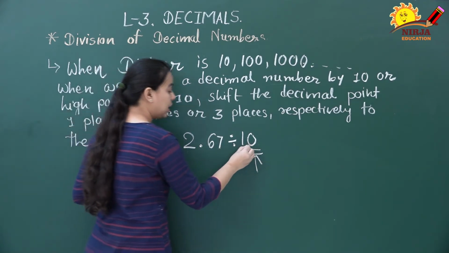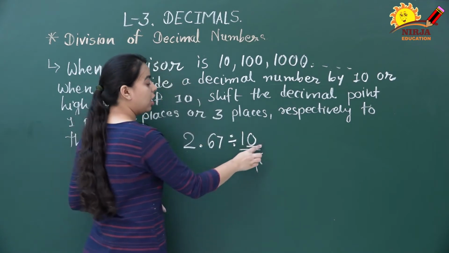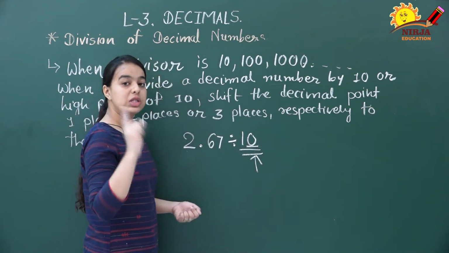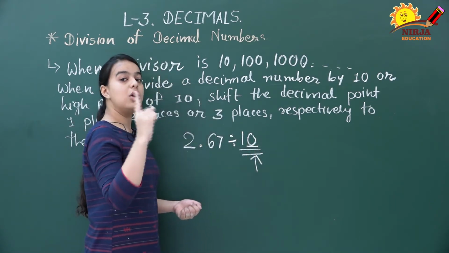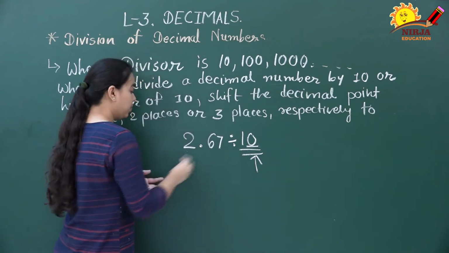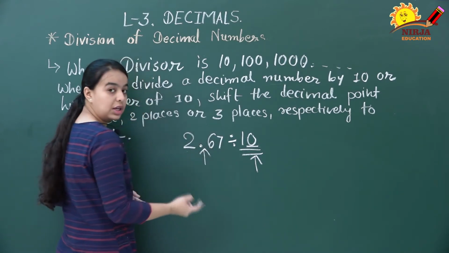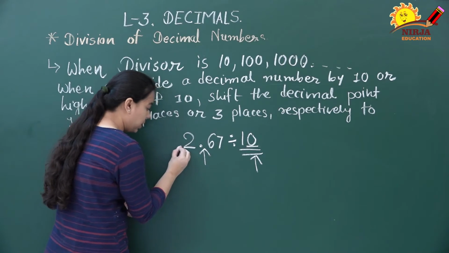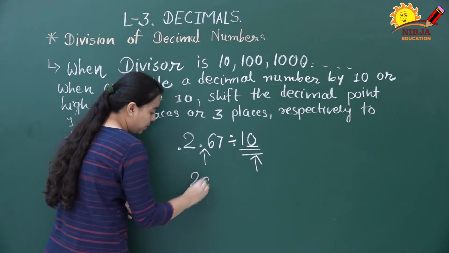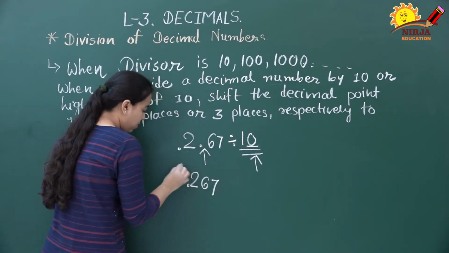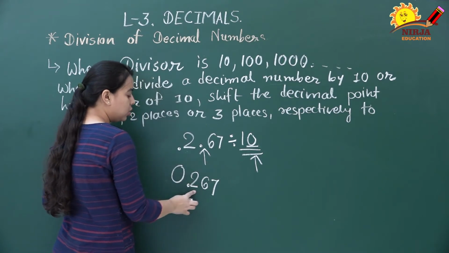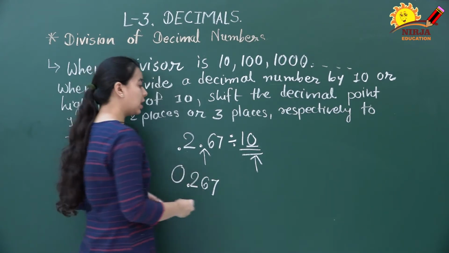For example, there is only one 0 in your divisor. That means you need to shift the decimal point only one place to the left. It is here, we need to shift one place. That means it will be here. So our answer will be 0.267.